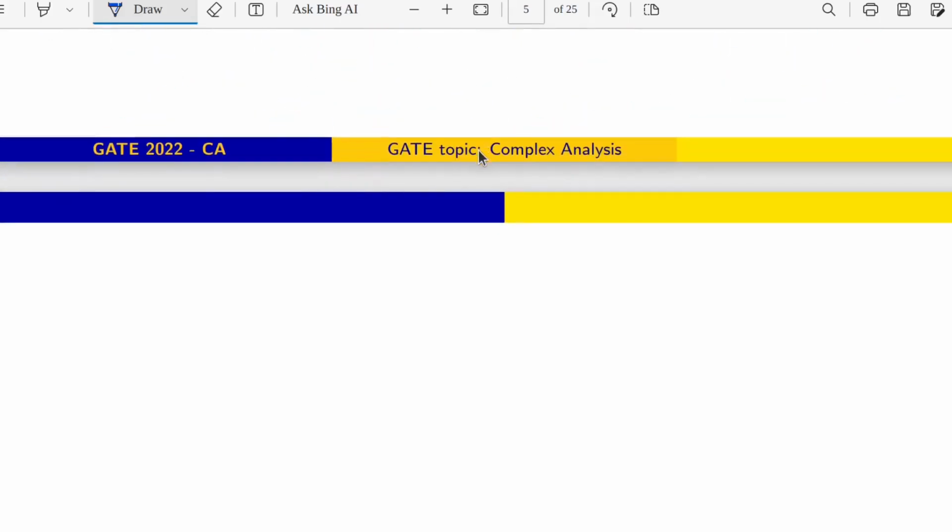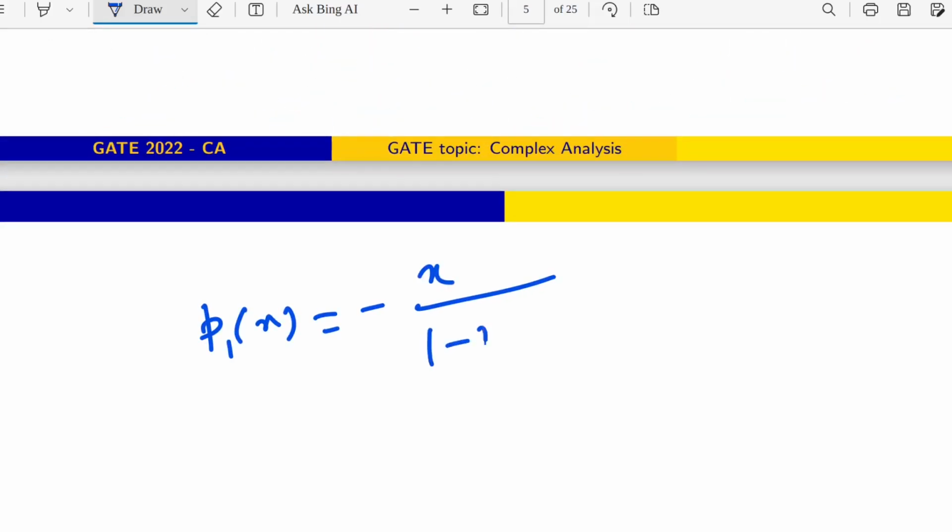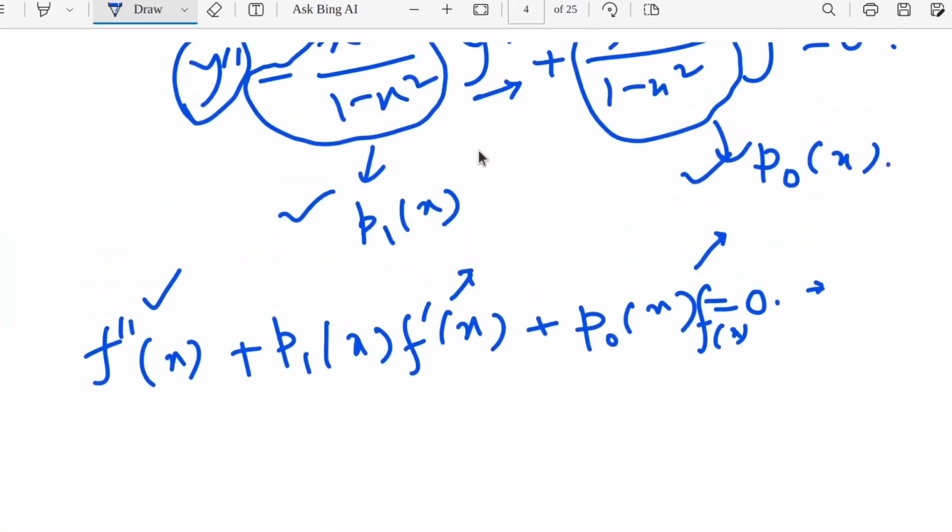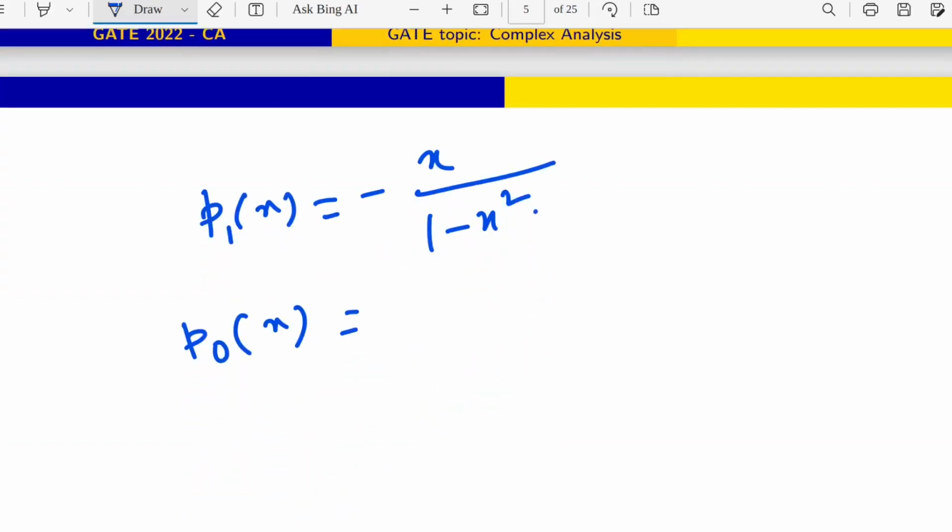P1x is minus x by 1 minus x square, and what is p0x? P0x is 9 by 1 minus x square.